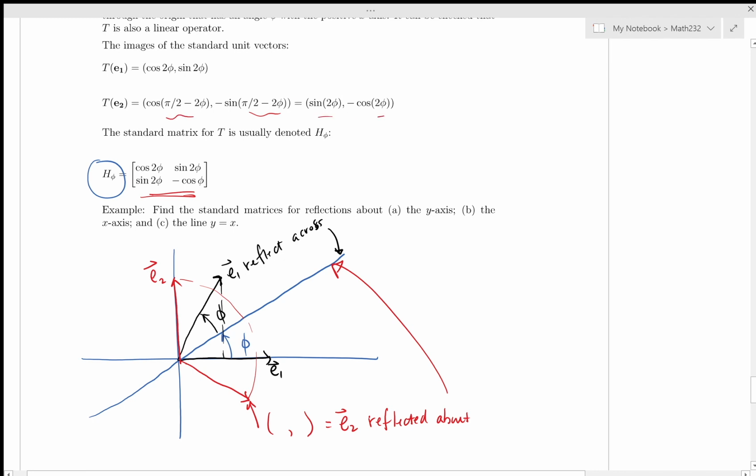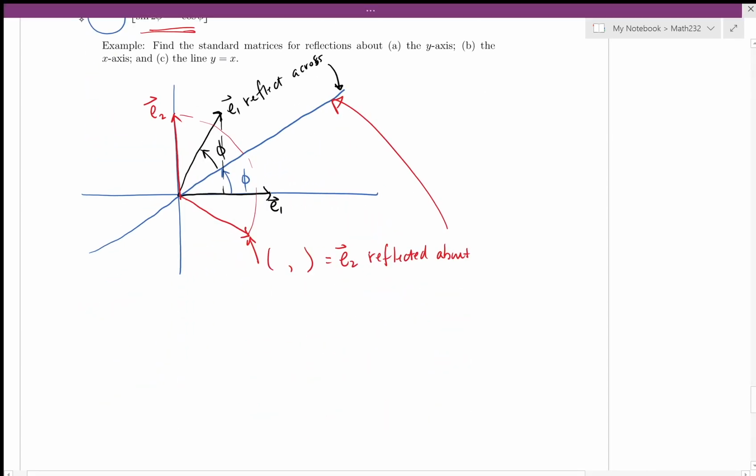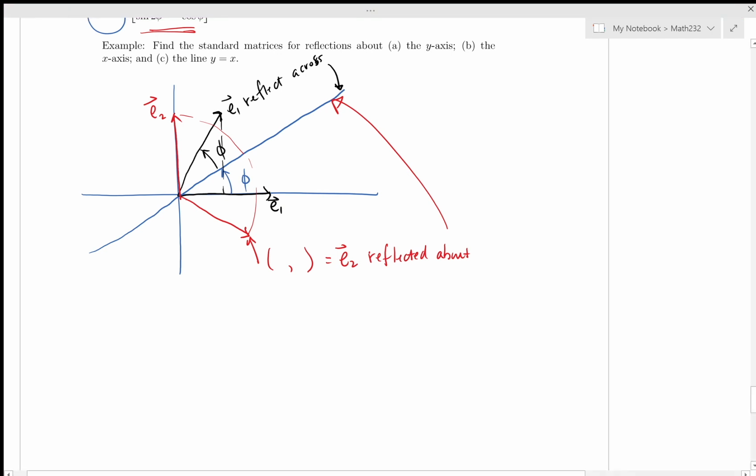Okay, so now let's take a look. What does it mean? What would the matrix be for reflection about the y-axis? Reflection about the y-axis.